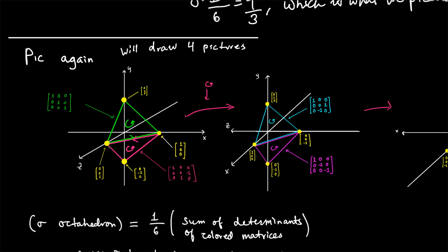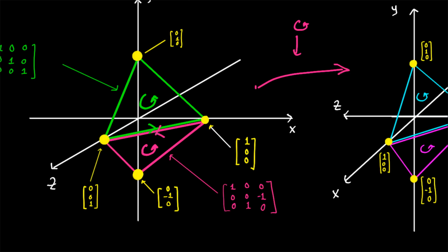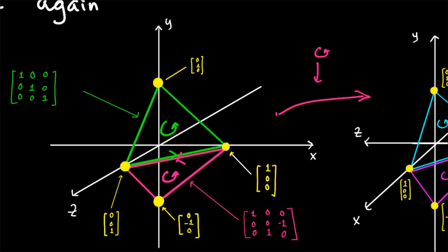Okay, so in this first one, you can just look at the graph, you know the positive x, y, and z axes, and you can just read off what these points are. So this is 1, 0, 0, this is 0, 1, 0, this is 0, 0, 1. And so the matrix, there's actually 3 choices, but you have to give it a cyclical order, and all 3 of them have the same determinant.